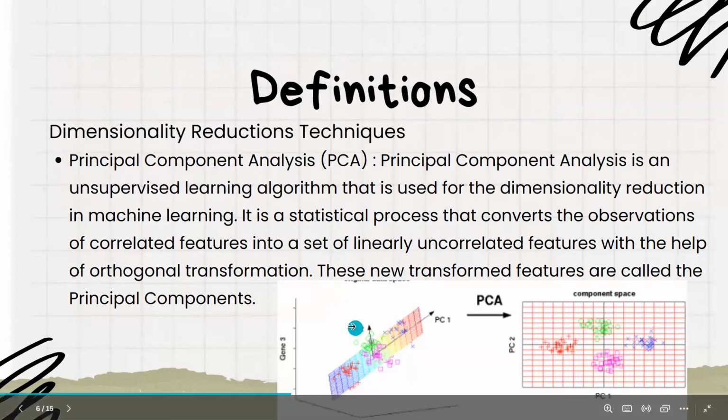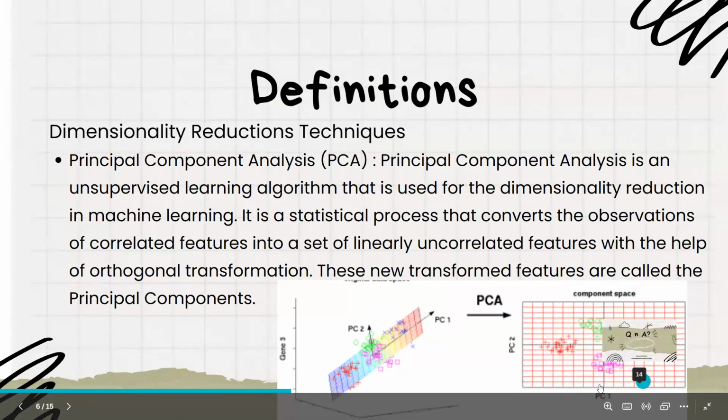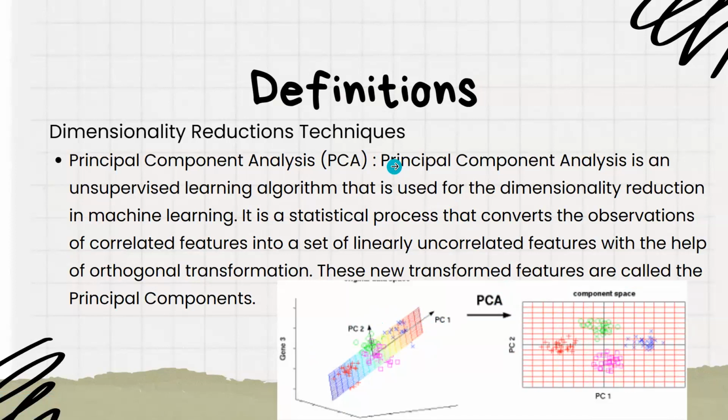As you can see in this picture, it makes PC1 and PC2 orthogonal axes, and it represents this data set on its own axes, or say on a plane. That is how it reduces the data set and helps in normalization of this data set. So yeah, this is one of the techniques that we are going to use.